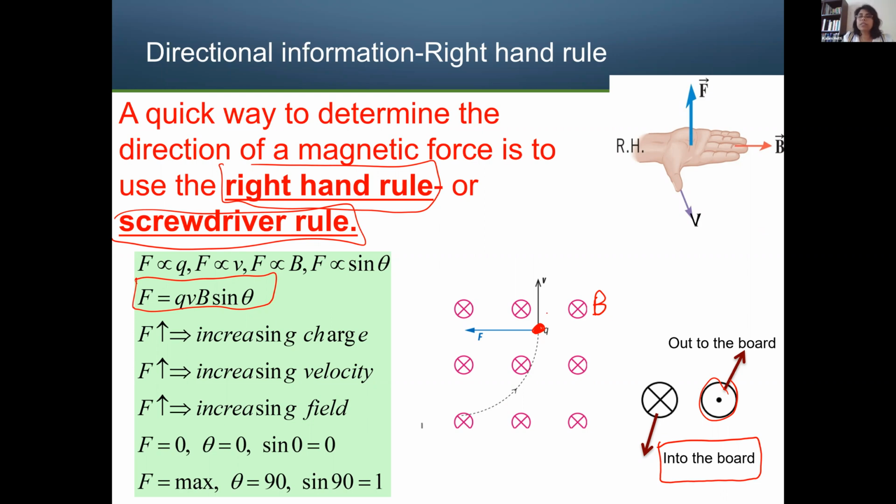So now this particle is moving with velocity in this direction. So now you need to identify that your first vector is velocity, right? That means you need to point your thumb in the direction of the velocity. When I point this upward direction, you need to make sure that your fingers are into the board, right? So you're going to point your thumb in this way, upward direction, that's the velocity direction.